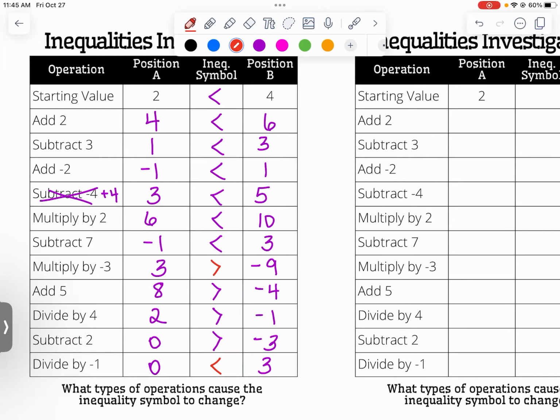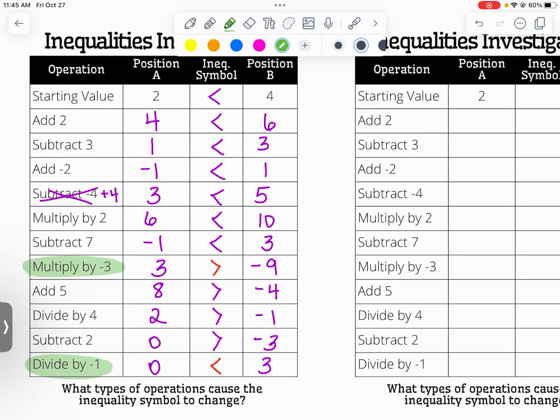Who has an idea of how to answer that question? Callan. It looks like our inequality changed only 2 times in this routine. Dimitri. Dimitri noticed that if we multiplied or divided by a negative, then our inequality sign had to flip.